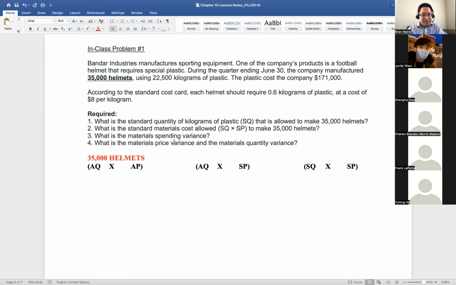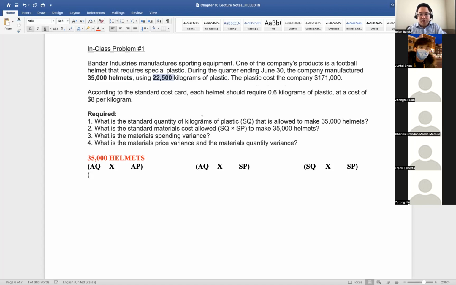So how much material did they actually use? Actual quantity, right? We have to read here. It says, during the quarter ending June 30, the company manufactured 35,000 helmets. It says using, that means they must have actually used 22,500 kilograms of plastic. And the plastic cost the company $171,000. I think we're going to have to use these numbers.